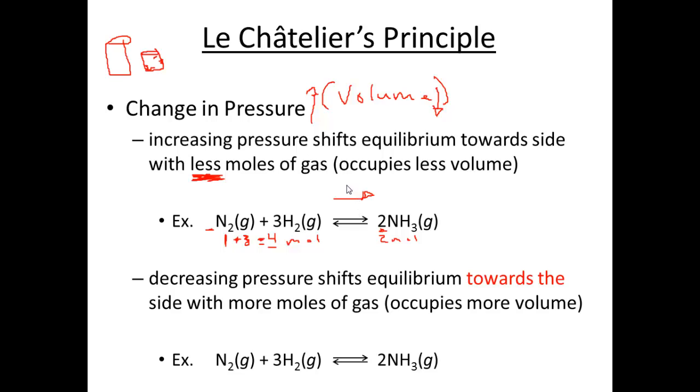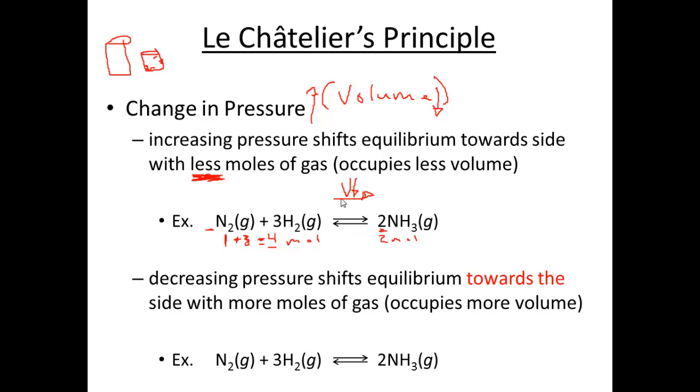Now, when I'm talking about pressure, we can't really circle one of these three because the stress isn't really applied to exactly this one or this one or this one. So when it's relating to pressure or volume, what I really want you to do is somewhere near these double arrows put a V and either put the volume is going down or the volume is going up, or the pressure is going up or the P is going down, whatever one.